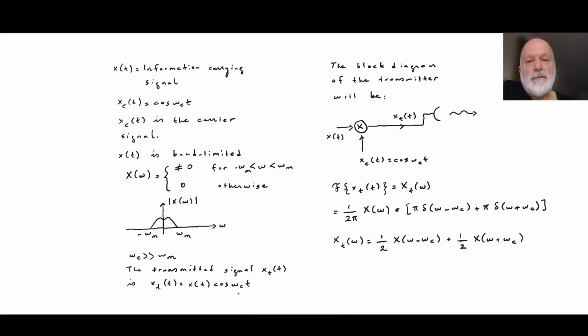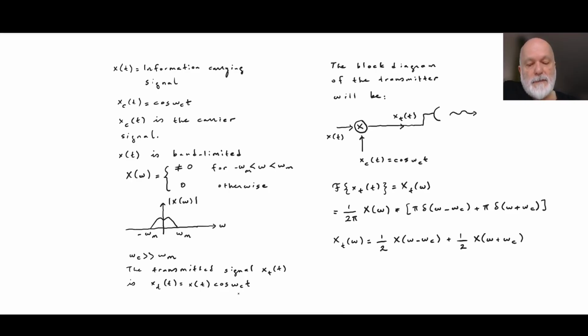So the reason behind this multiplication operation of the information carrying signal with a carrier wave is related to a practical aspect of the problem, namely the antenna size. Okay.